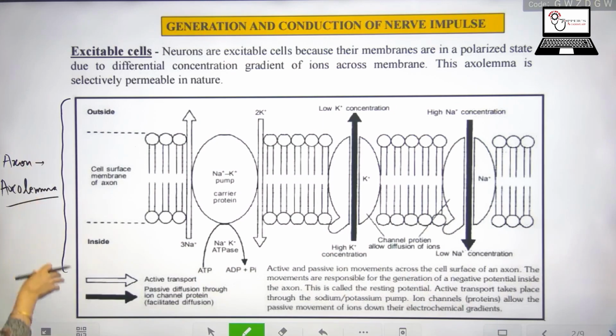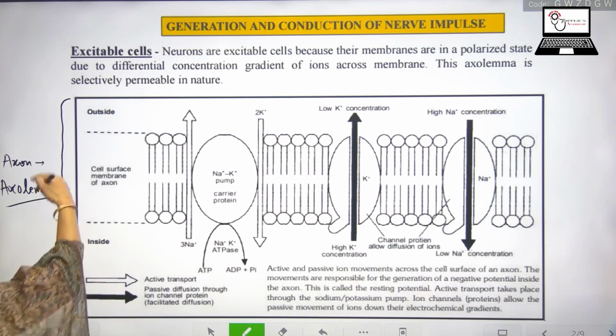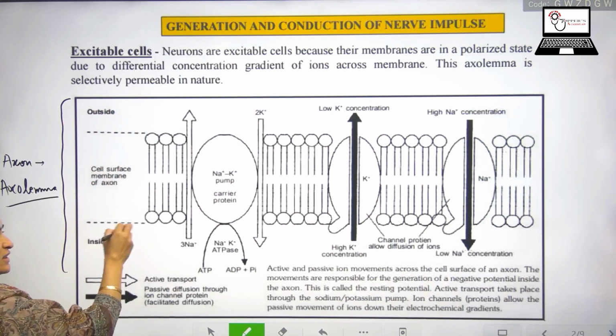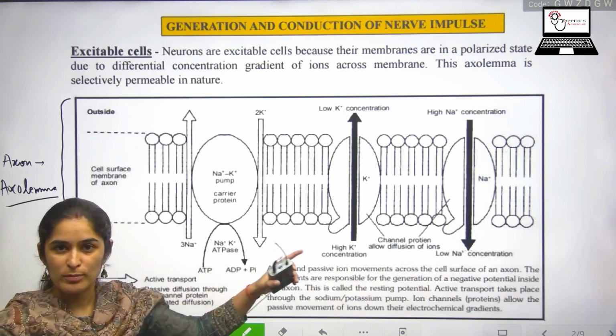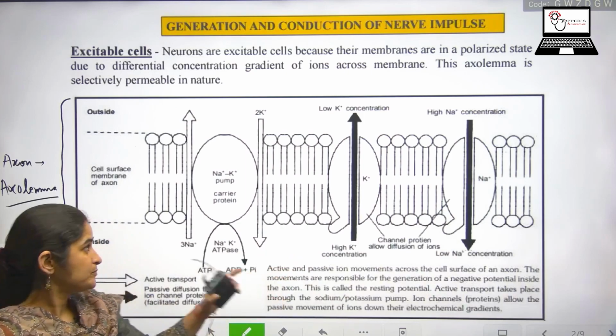This is the structure of the axolemma. This is the outside part and this is the inside part, which is involved in the electrical impulse.